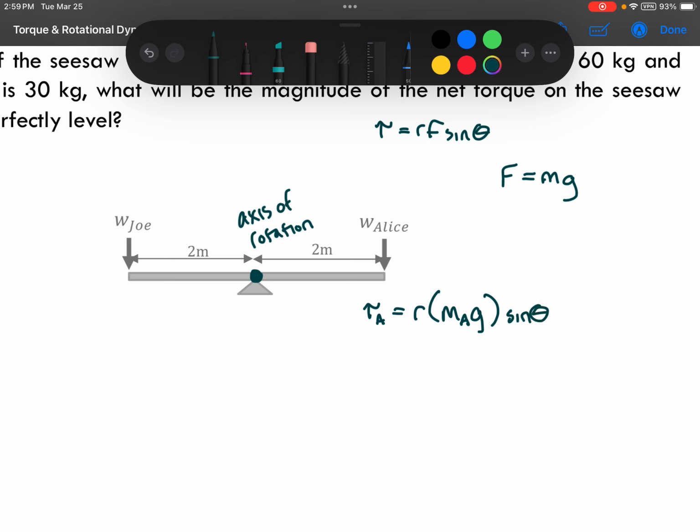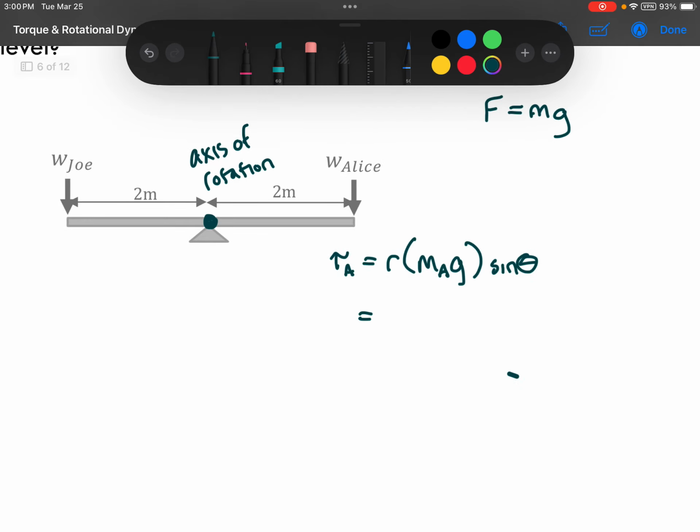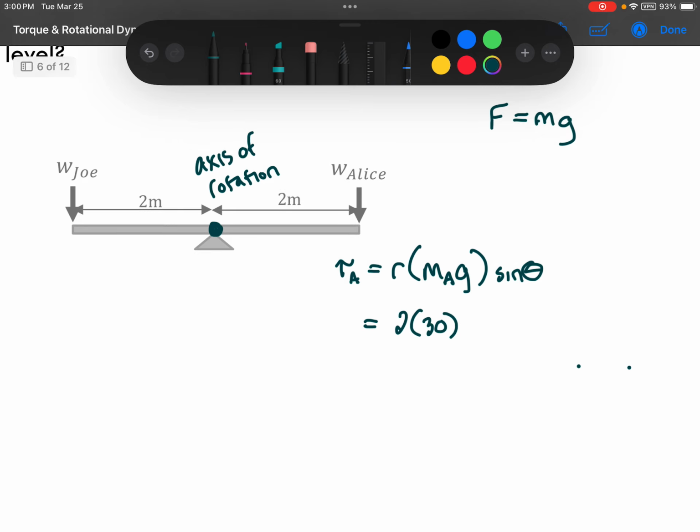All right, so that will give us the torque due to Alice's weight. We know a lot of this information. r is 2 meters, right? So from the axis of rotation to where Alice's weight is acting. Her mass was 30 kilograms, so 30, g is our 9.8, and then sine theta. Well, in this case too, our force is straight down, and r is pointing horizontal.